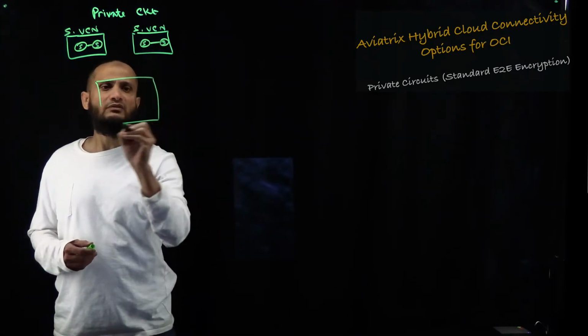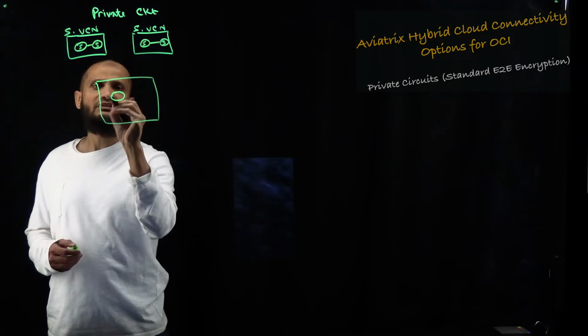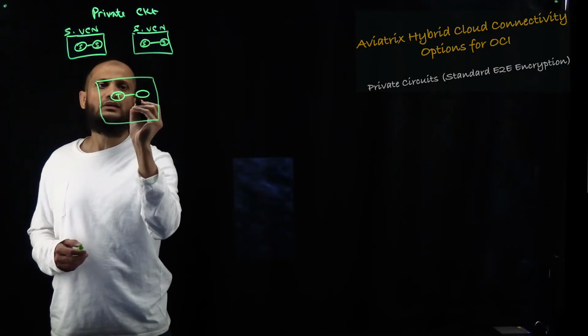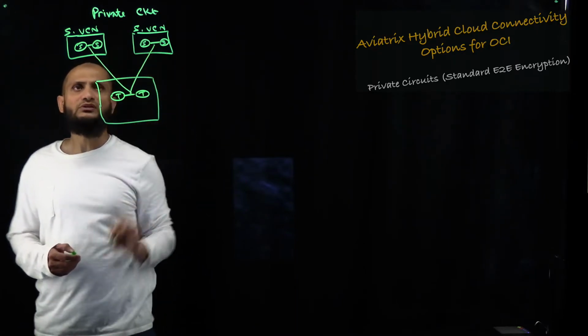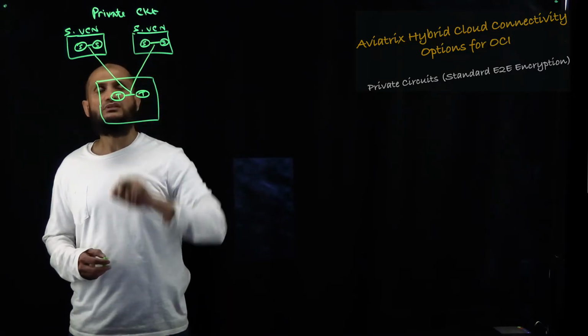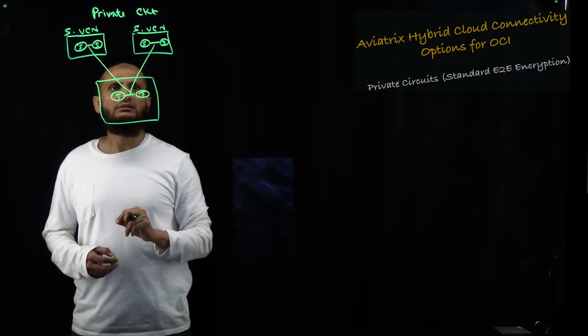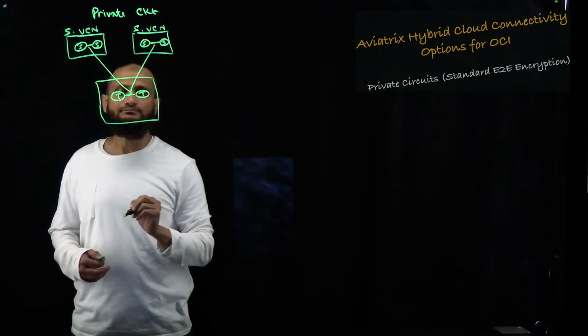We do have transit VCN. In transit VCN, we have transit gateways, and we are going to attach the transit gateways to the spoke gateways. I'm showing one connection. Basically, every VCN, we will see like 4 active mesh connections to the transit VCN.